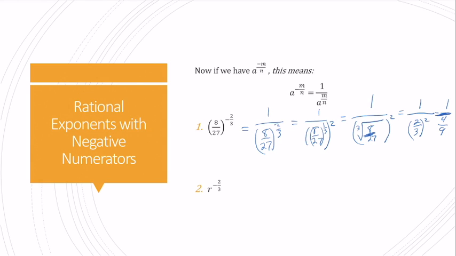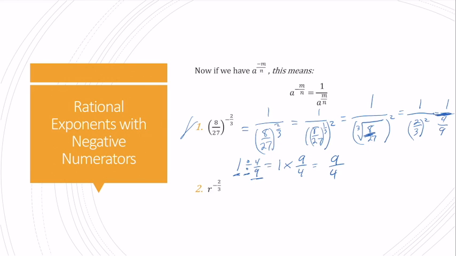Now, this is 1 over a fraction, right? Remember, when I have a fraction, that's like I'm dividing. So this is 1 divided by 4/9. To divide fractions, I keep the first fraction the same. I change from division to multiplication, and I flip the second fraction. So my final answer would be 9/4.